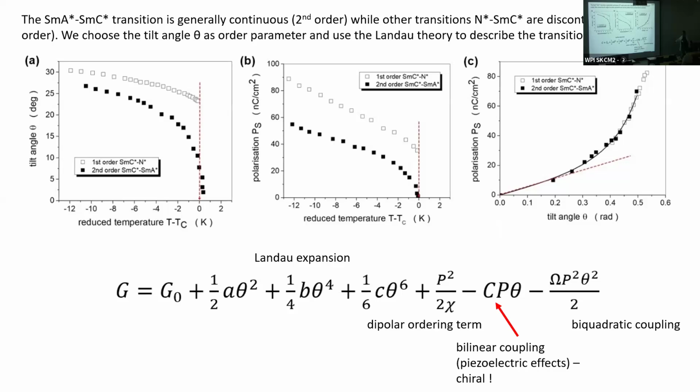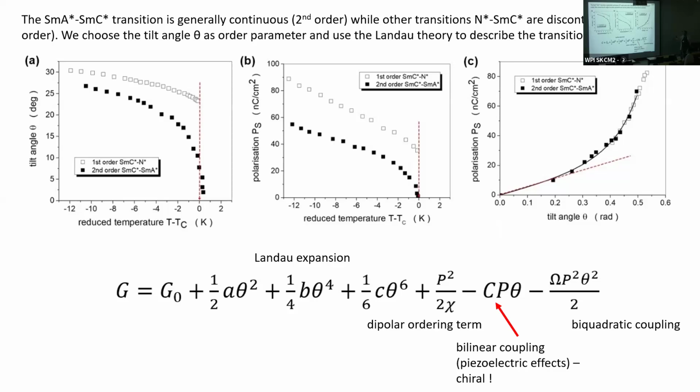And you have a dipolar ordering term. And you have a bilinear coupling term. This is the coupling between polarization and tilt. And you have a biquadratic coupling term. All of these are non-chiral, except this one. That's the only chiral term in there.